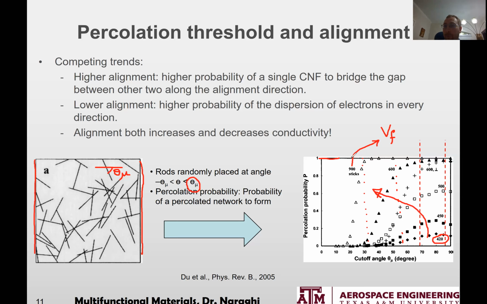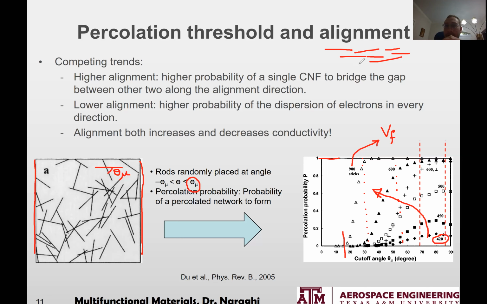A percolated network means probability 1, and 0 means no percolation. So for instance, if you choose the cutting angle to be very low, about 10 or 15 degrees, it's very difficult to have a percolated network. If all your particles are aligned like that, it's very difficult to have percolation.